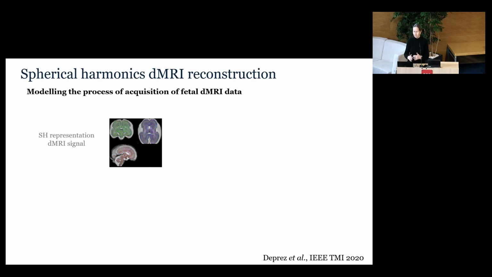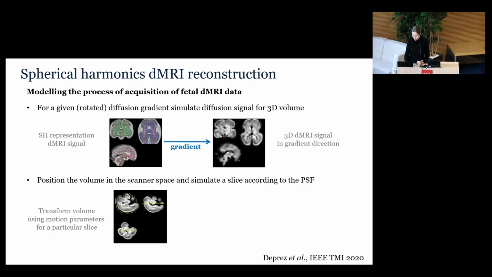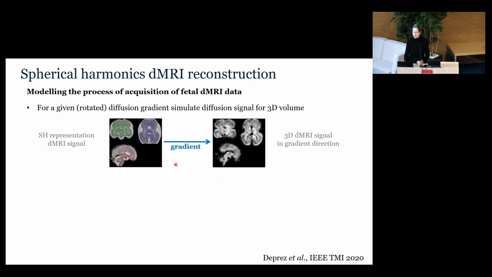We start with the forward model, which is always much easier to do: how the data is acquired, and then reconstructed back. So let's say this is some kind of latest estimate of the diffusion signal on the sphere in 3D, nicely constructed. You start with something very simple at the beginning and update it. Then we first apply the sensitization gradient, and then we get what the volume would look like with that gradient.